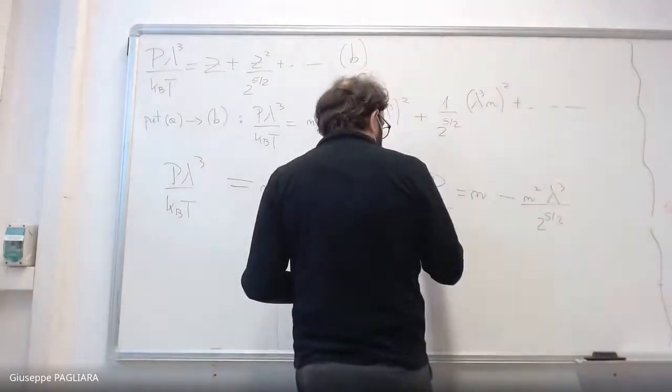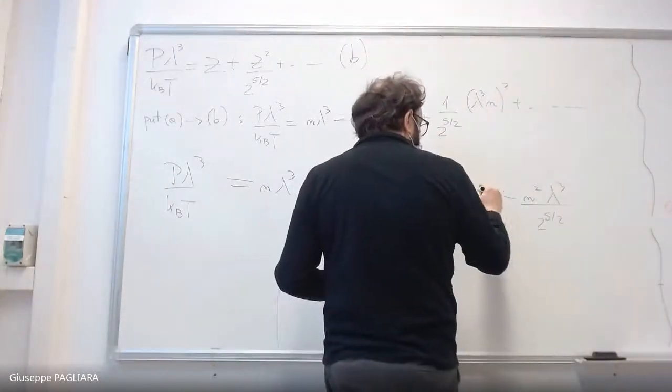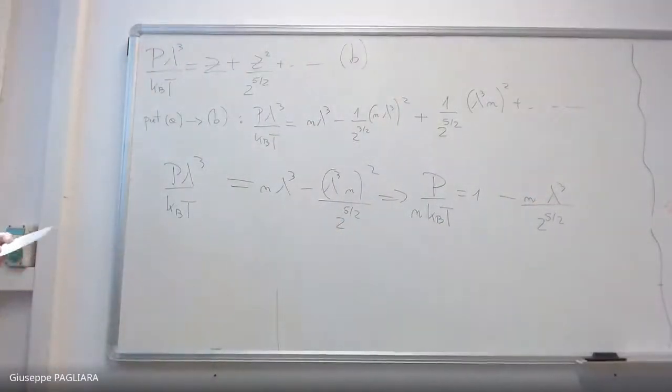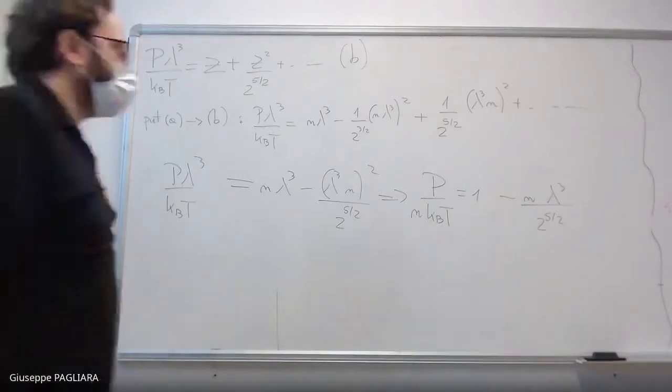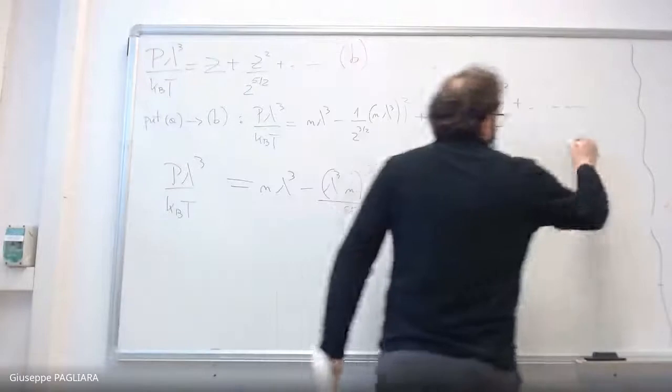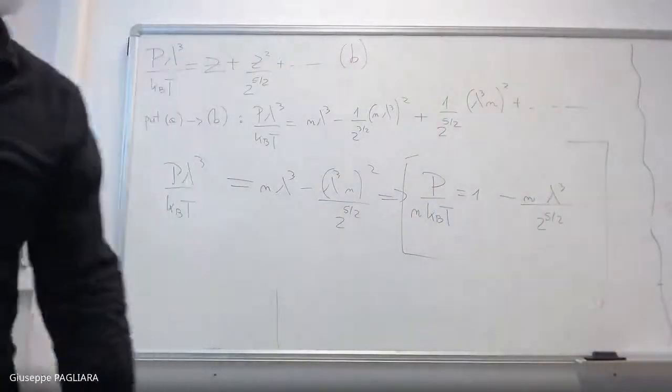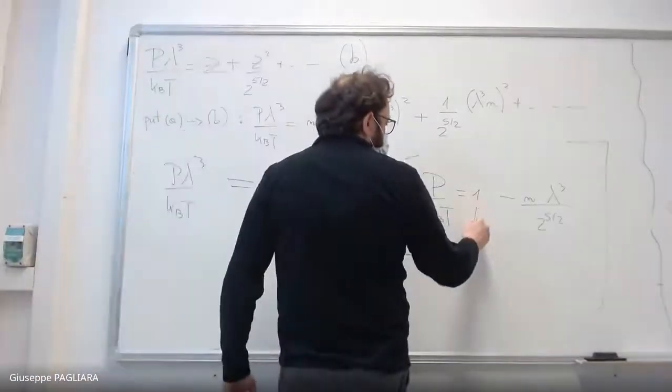Then let me divide by n to get it better. The final formula: P divided by nKBT is equal to 1 minus n lambda cubed over 2 to the power of 5 half. Okay. So this is the equation of state.